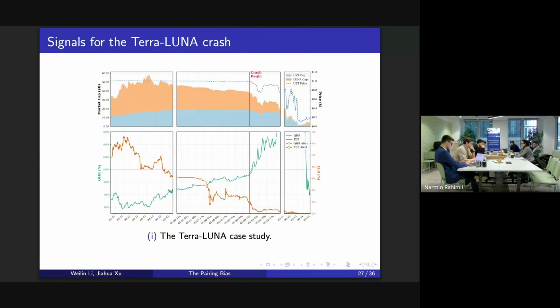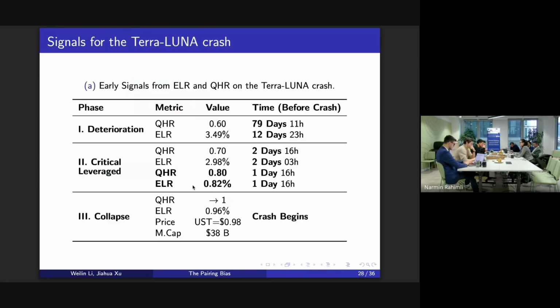Here we can see a plot, and the orange line is for one of the metrics called ELR. Looking at this table, our algorithm detected this crisis 17 lines earlier and 12 days earlier than the crash, so that people can exit earlier and not get wrecked.